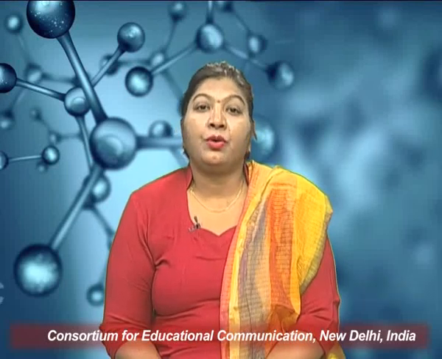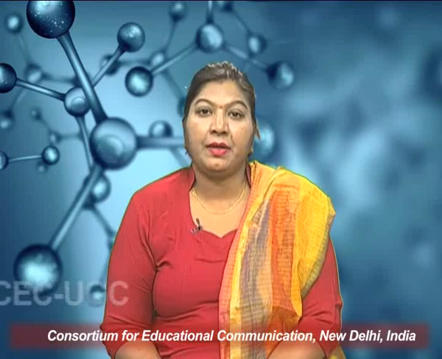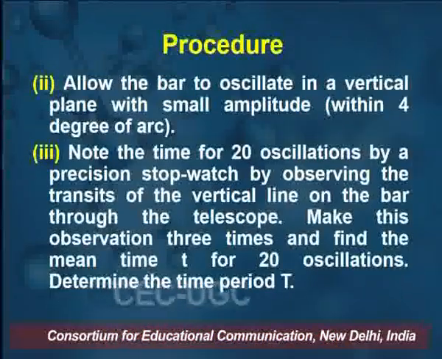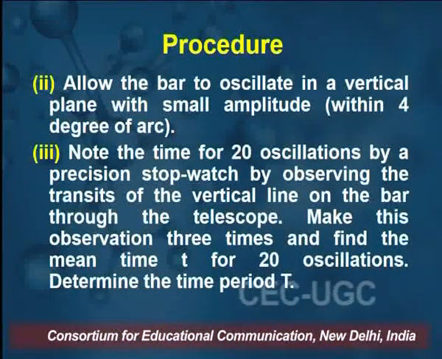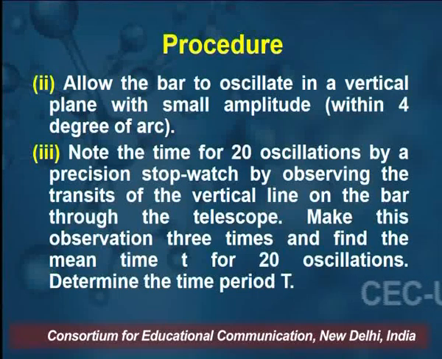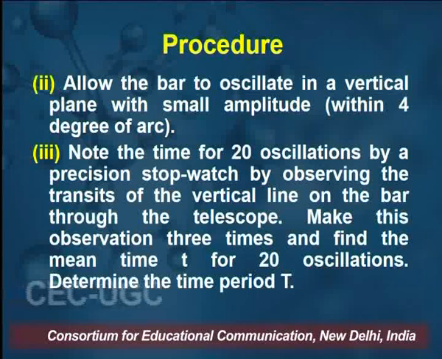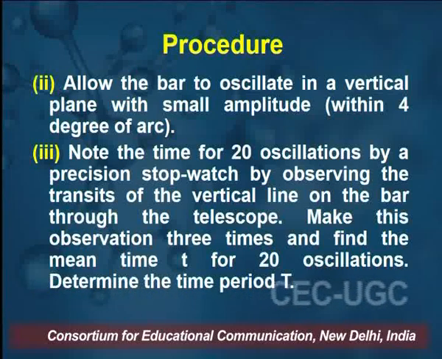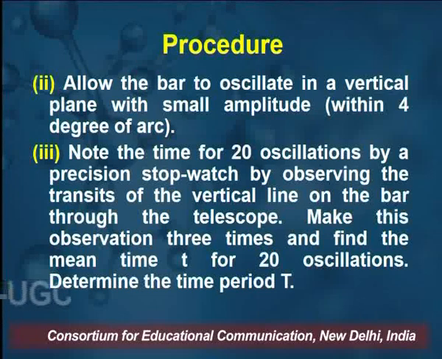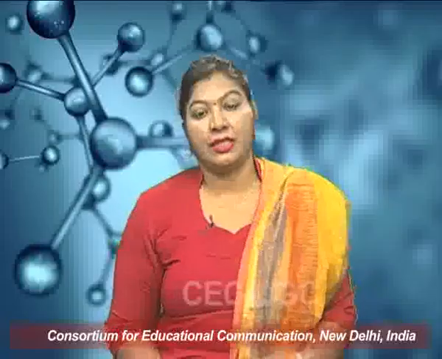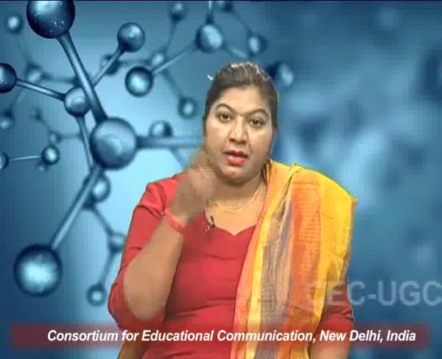Then we note down the time period by starting the stopwatch for 20 oscillations, observing the transits of the vertical line on the bar through the telescope. It means we will calculate the time period for the 20 oscillations of the bar pendulum.